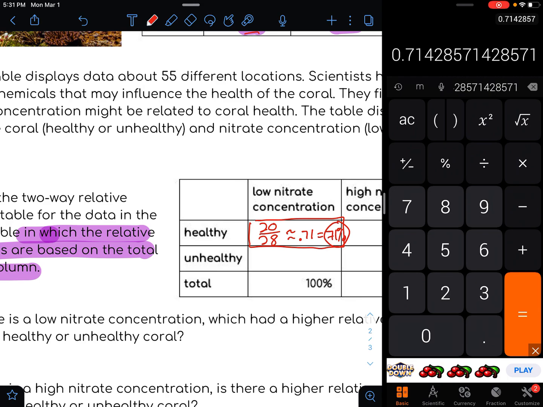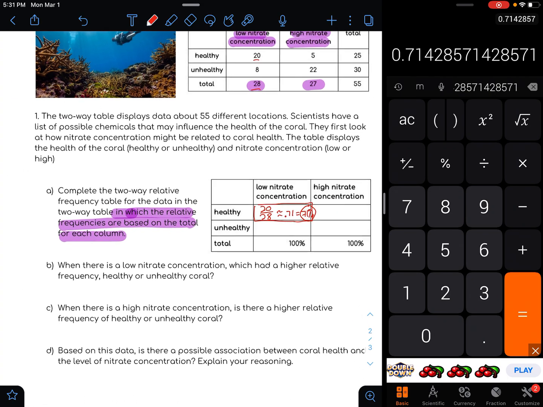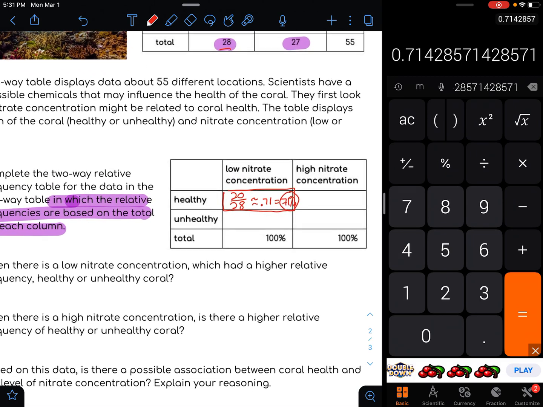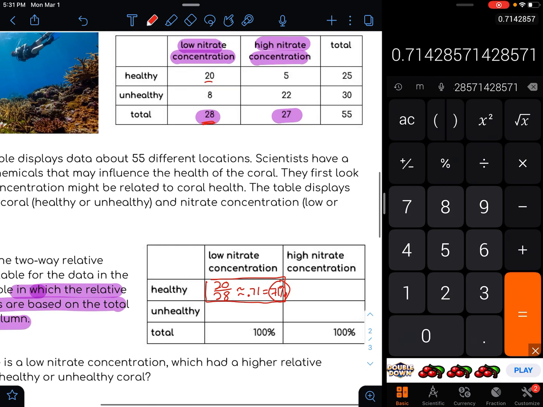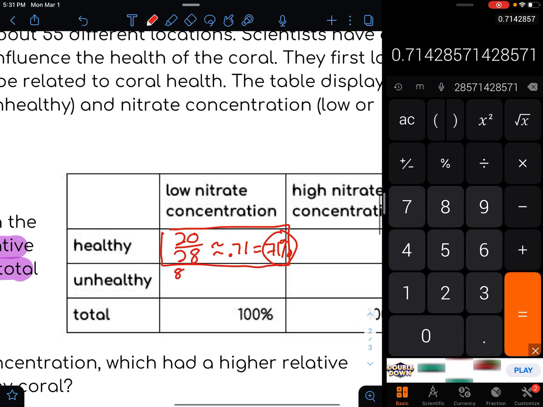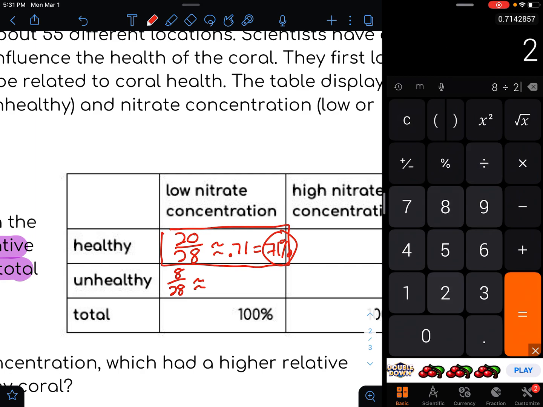All right. And if we look at the unhealthy, we are still taking it out of that total of 28. Again, because we're basing it on the columns here. There are 28 total low nitrate concentration locations, and 8 of them were unhealthy. All right, so 8 out of 28, and this should just be the amount that gets us up to 100%, but let's just verify that. So 8 divided by 28 is 0.2857.